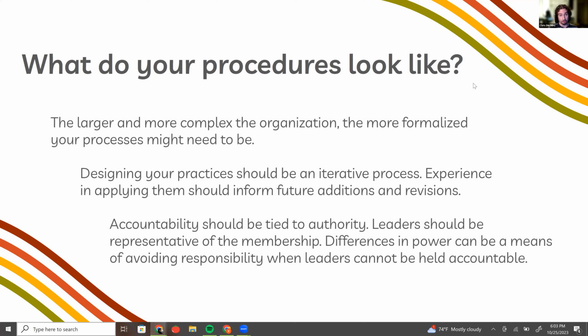Let's say you have a particular procedure that at the beginning of every meeting, you're going to do a round robin and everyone is going to take turns and say, this is what's working well, or this is a concern that I have. And then maybe some people are getting frustrated by this process because they don't always have anything to say. So maybe you take that into account and decide that part is going to be optional.